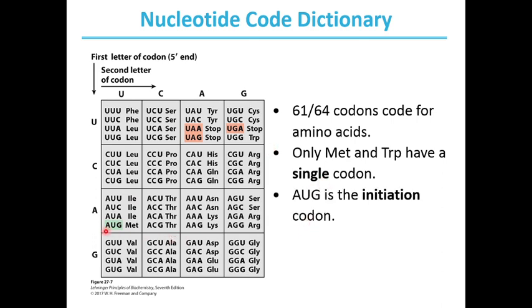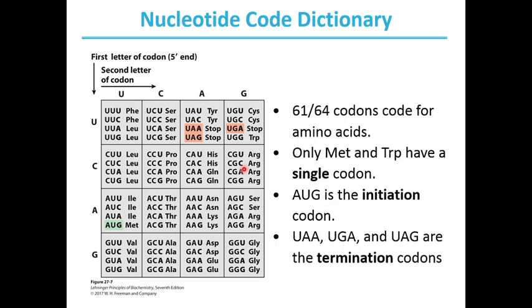AUG is the initiation codon, as shown here. So the first amino acid in a protein is almost always a methionine. And that is because AUG is the initiation codon, and the ribosome recognizes AUG as the start codon. 3 codons, UAA, UGA and UAG, are called termination codons or stop codons.